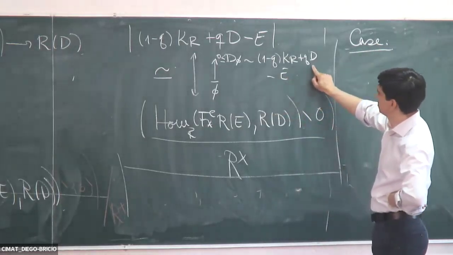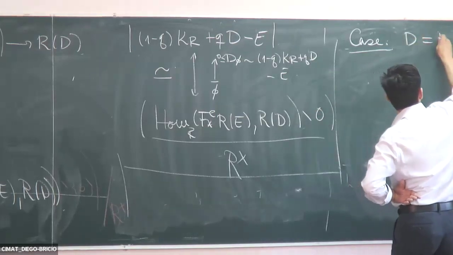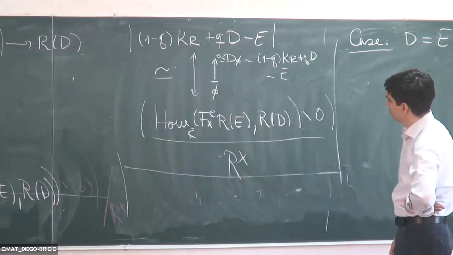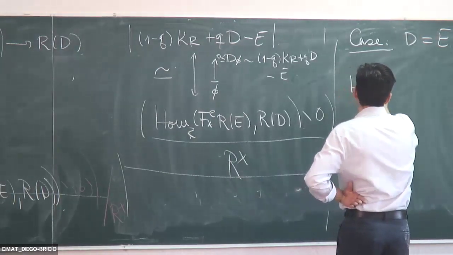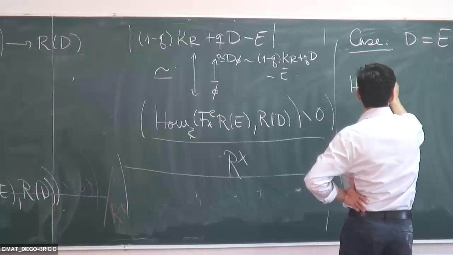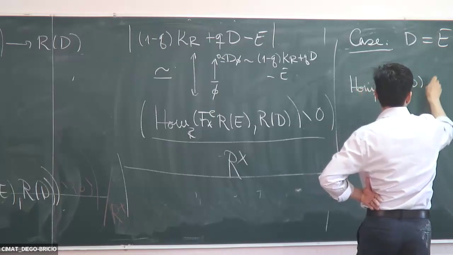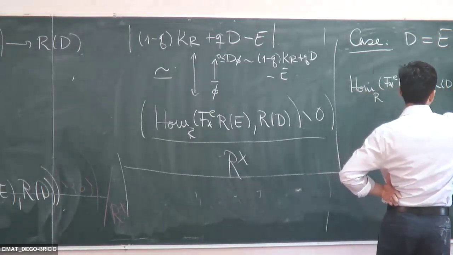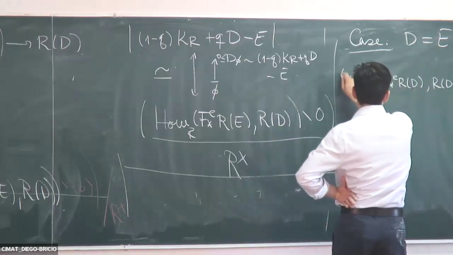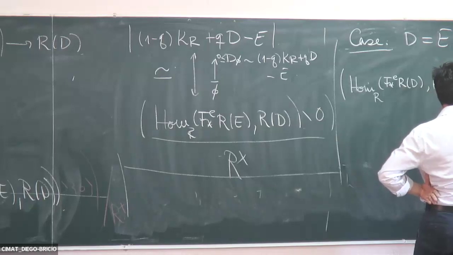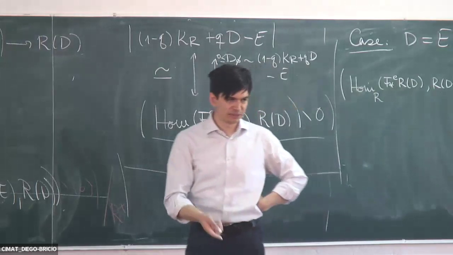Let's suppose that D equals E, just for fun. What do we have? Well, we would have an equivalence, or a bijection, sorry, or a correspondence between maps between here and here, non-zero maps, right? Non-zero maps is important.